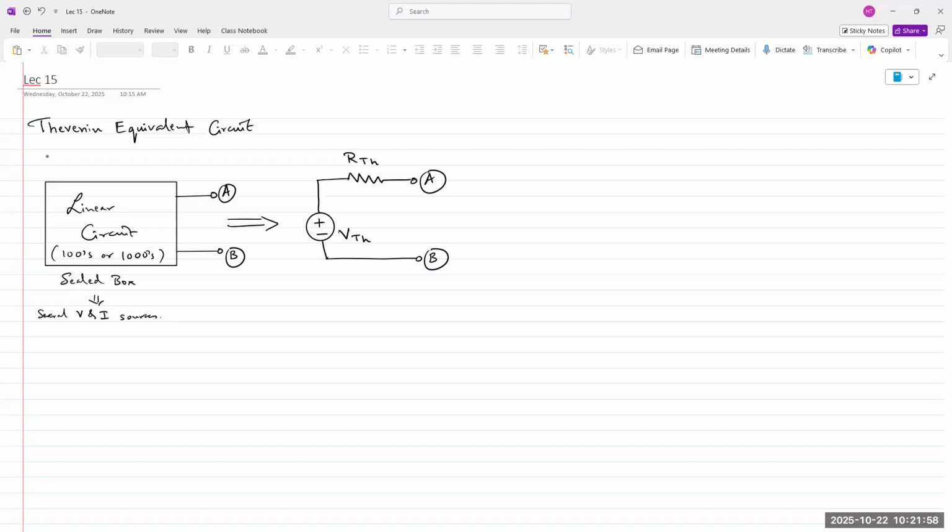However, it's not a new analysis technique. You're simply applying your existing techniques to determine the values of those two components on the right. And that is the Thevenin equivalent circuit. So let's take a pause. Let me know if you have any questions.